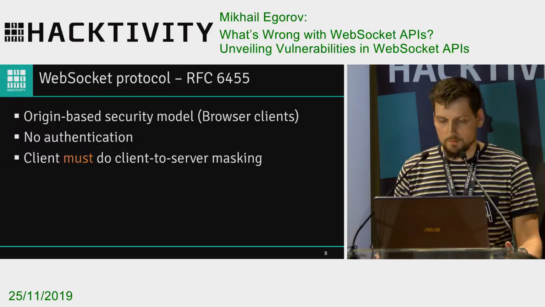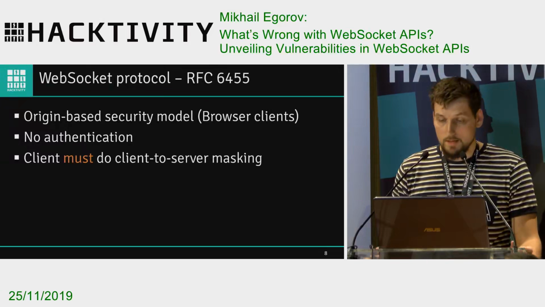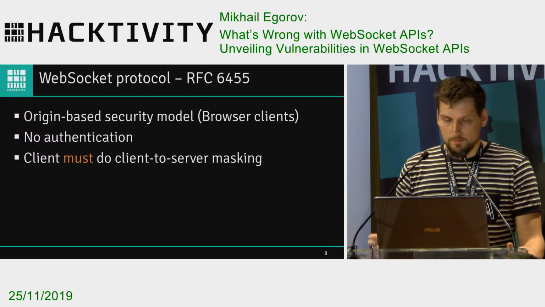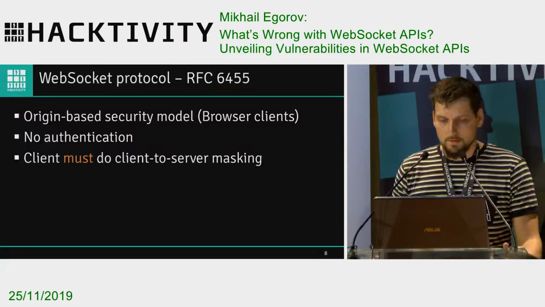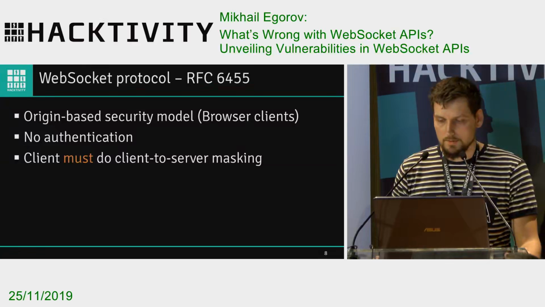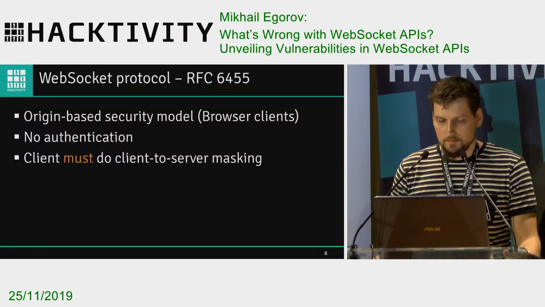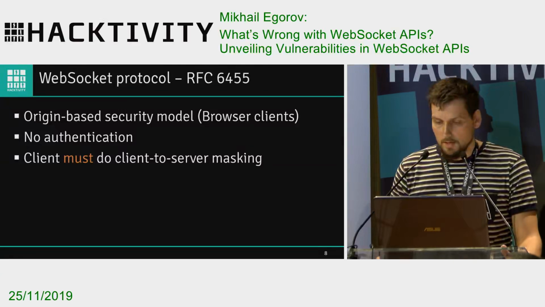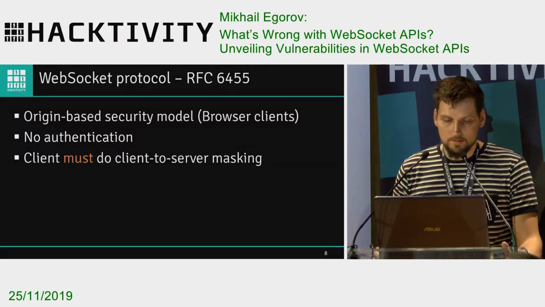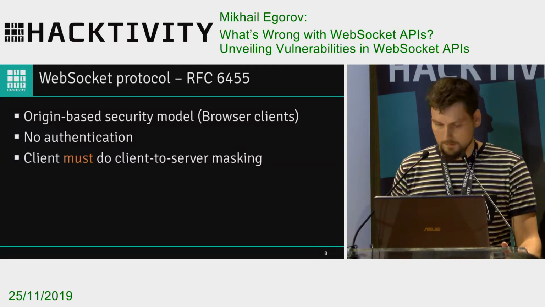Developers should implement authentication on their own. And one more often forgotten and overlooked thing, the client must do masking of data in protocol frames. Masking is necessary for protecting against cache poisoning and smuggling attacks. We will return to these things later when discussing vulnerabilities and attacks.